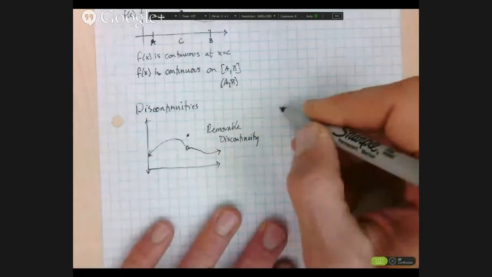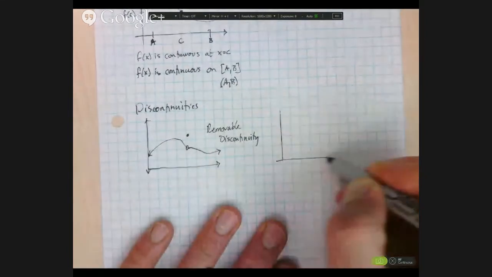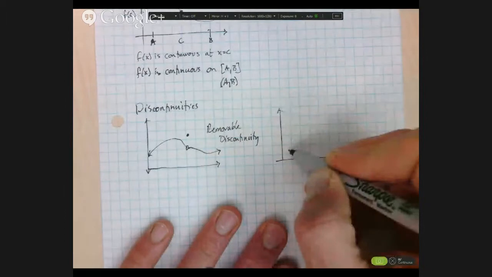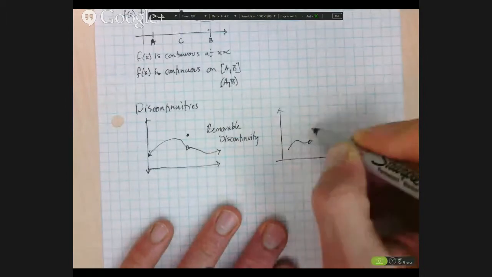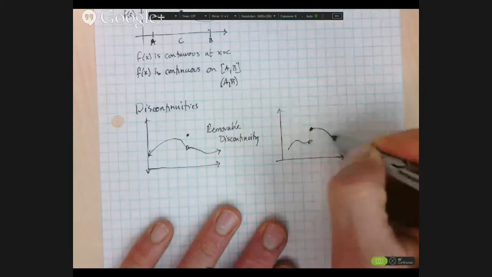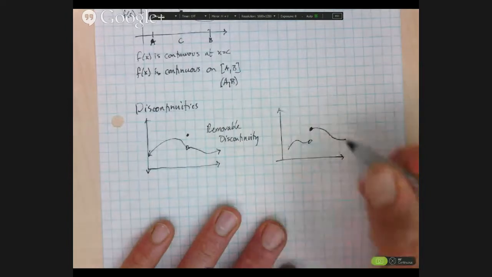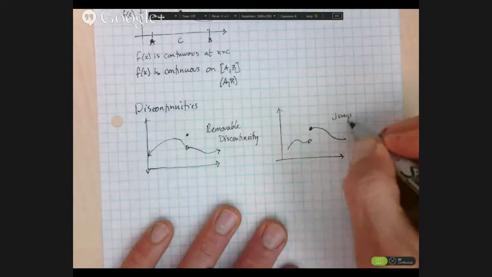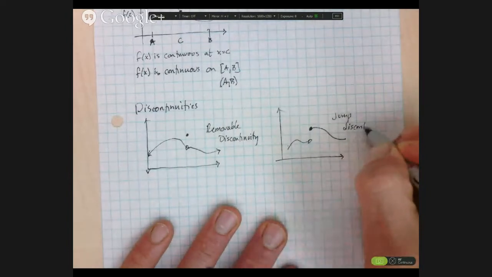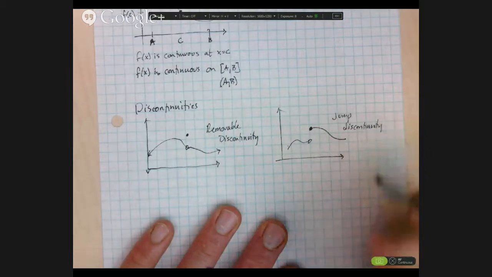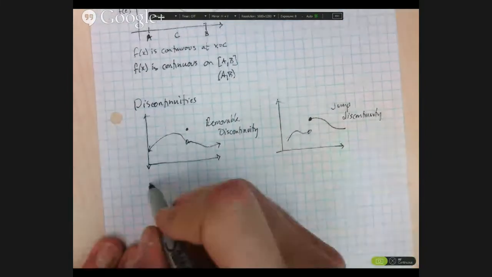We have other types, where the graph might jump. It's called a jump discontinuity.